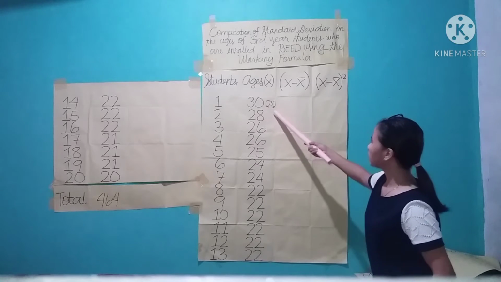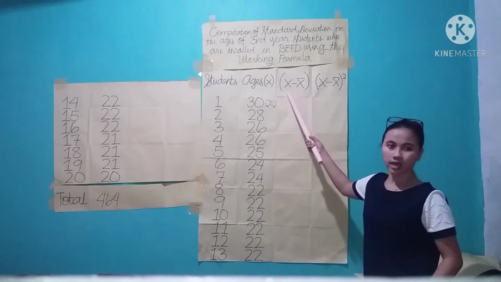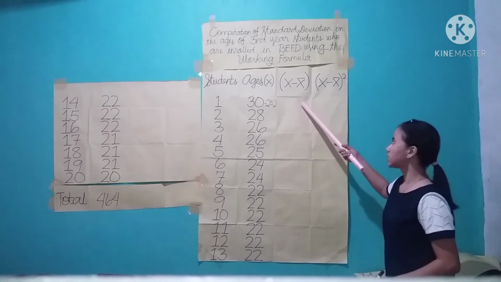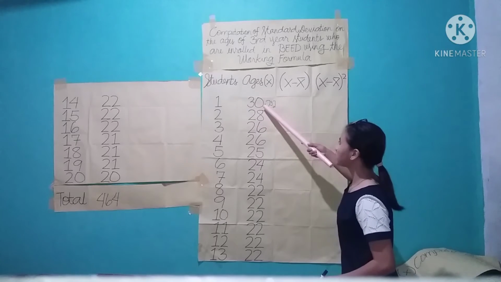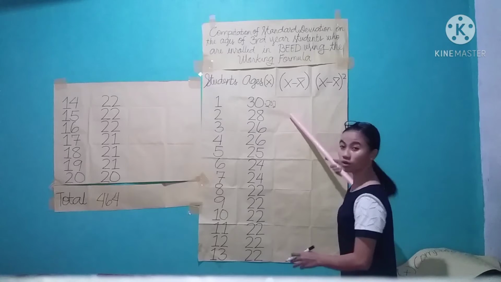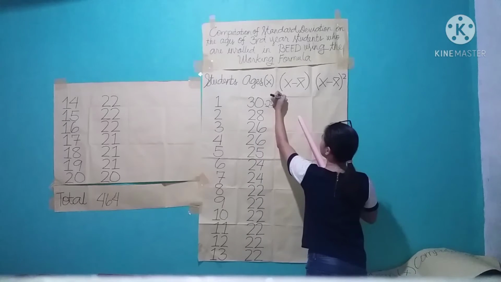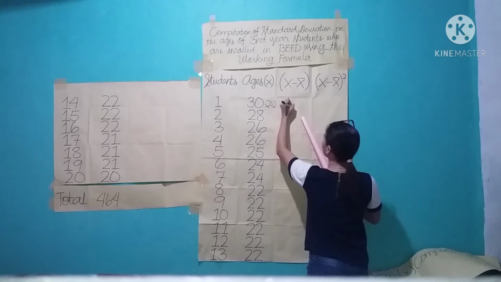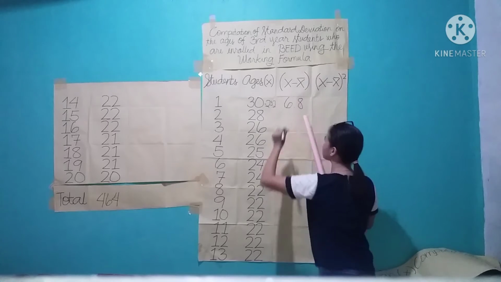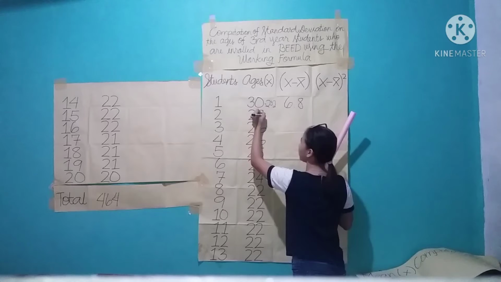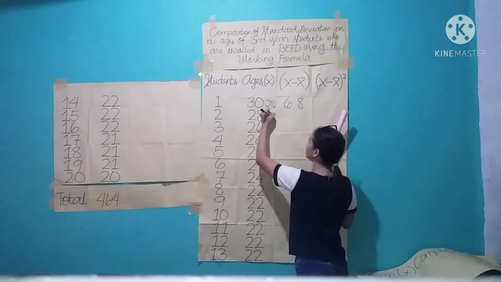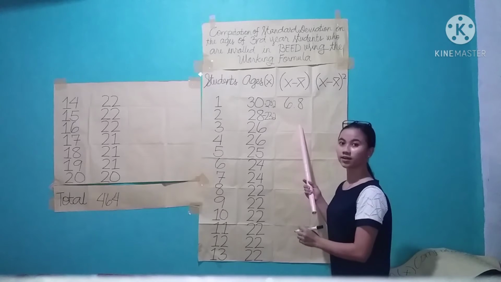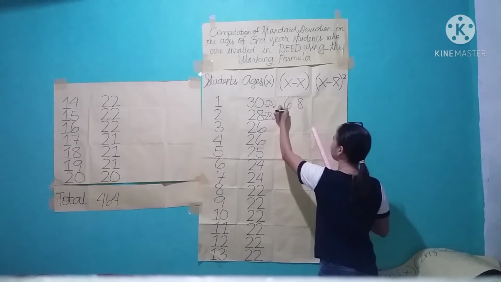And then to get the arithmetic mean minus the scores, we subtract the age from the mean. 30 minus 23.2 equals 6.8. Another is 28 minus 23.2 equals 4.8.